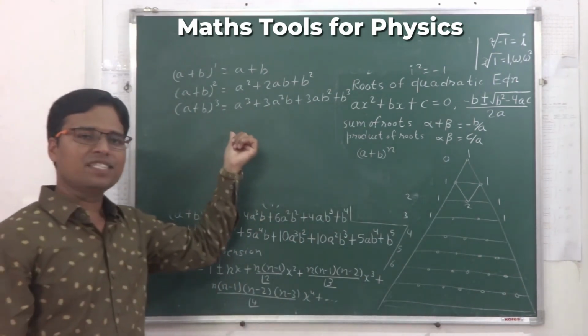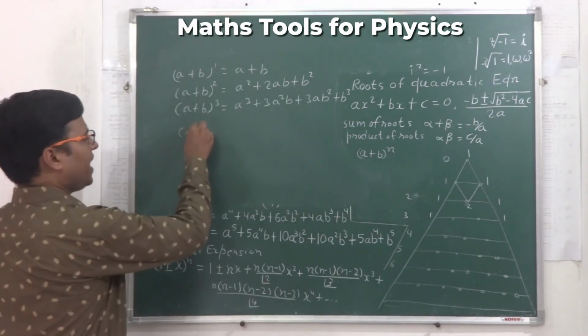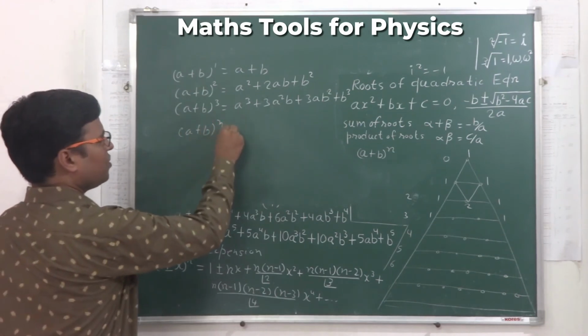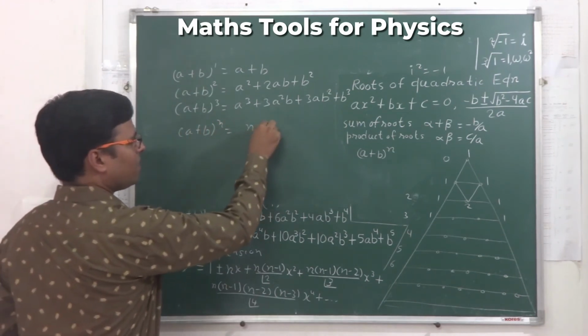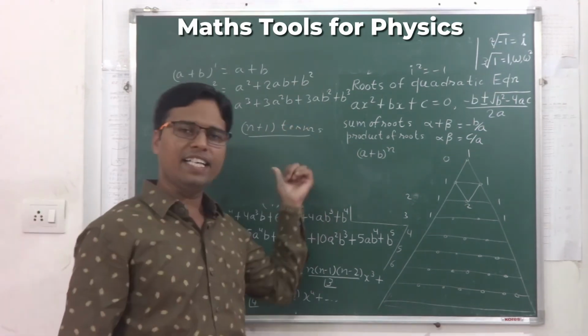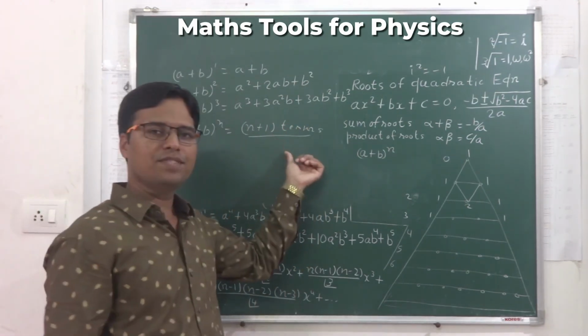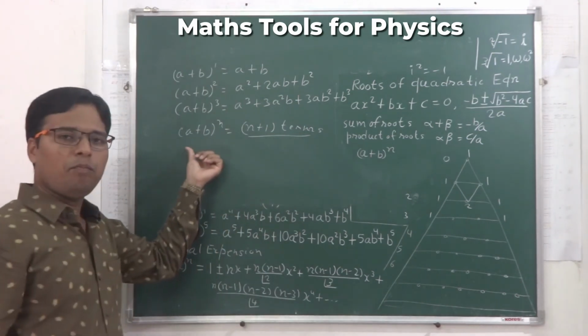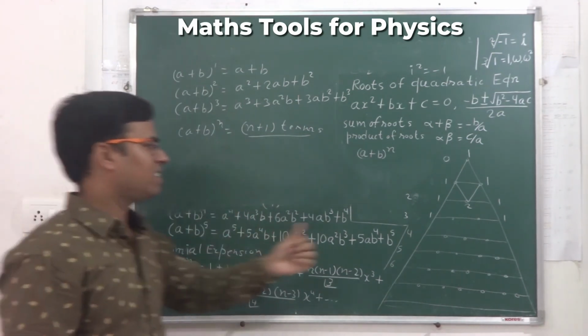In any expansion of (a+b)^n, you will have n plus 1 terms. You can easily guess the number of terms in any such polynomial expansion.